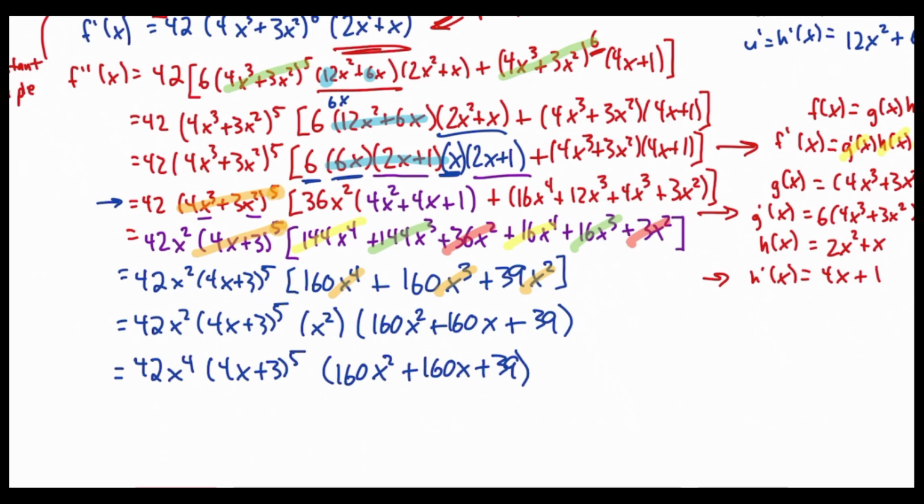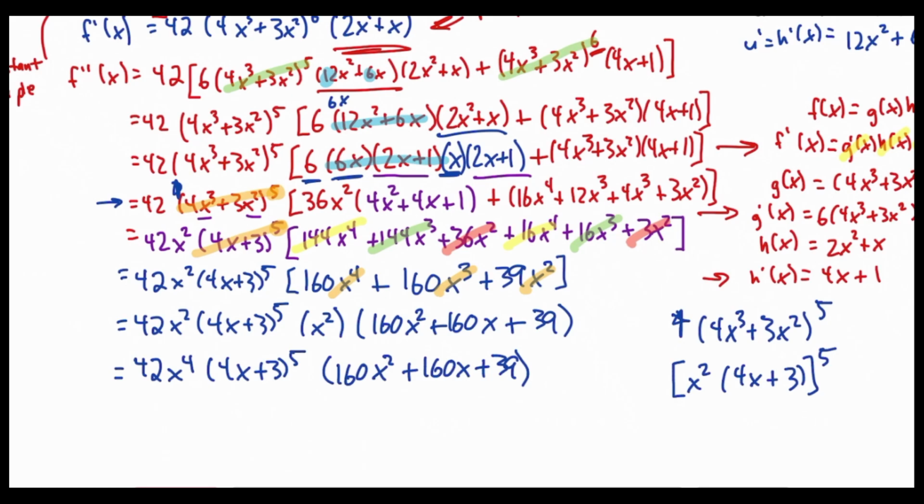So what I had here was, I'm going to redo it off to the side here. I had (4x cubed plus 3x squared) to the power of 5. If I want to take that x squared out like I did, I can write it as x squared times (4x plus 3), and that whole thing is to the power of 5.